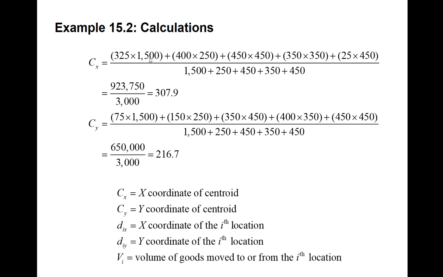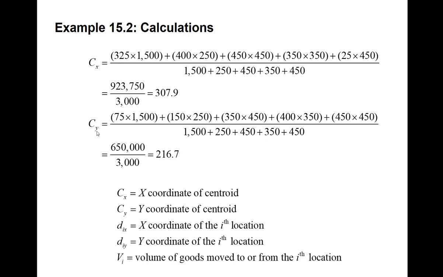And this is divided by the total value of the goods: 1,500 for Long Beach, and 250, 450, 650 and 450, and we obtain a number which is 307.9. This is the x value for the central location we want to find. And in the same way we can find the y value.